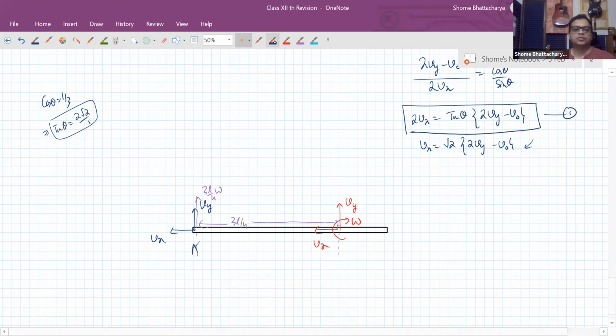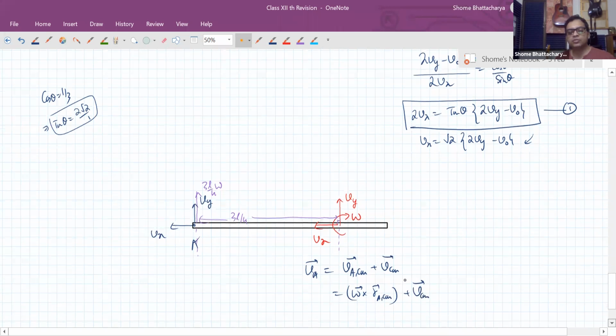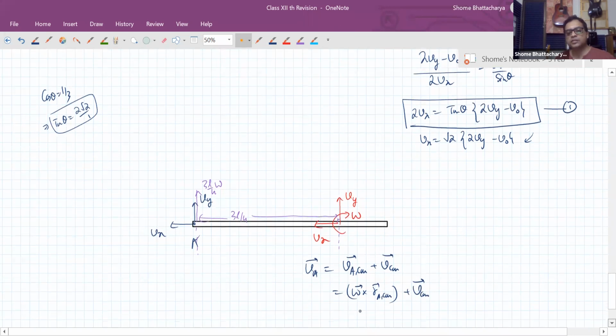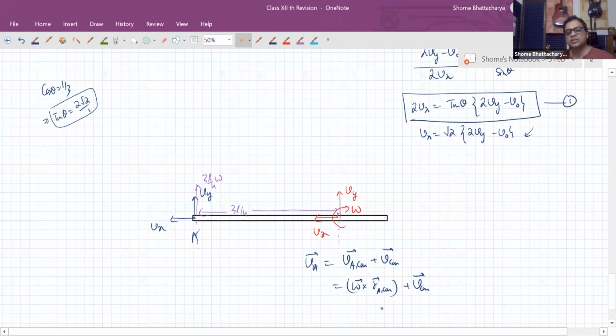Okay. So basically the velocity of the point A in the ground frame should be equal to the velocity of point A with respect to the center of mass plus the velocity of the center of mass. So that is nothing but omega cross r of A with respect to center of mass plus V_CM. When you look at this term according to my omega, this term should be 3L by 4 omega j cap, and V_CM is minus Vx i cap plus Vy j cap.